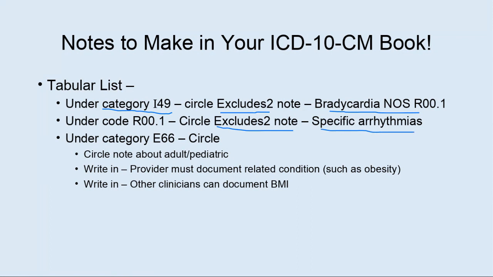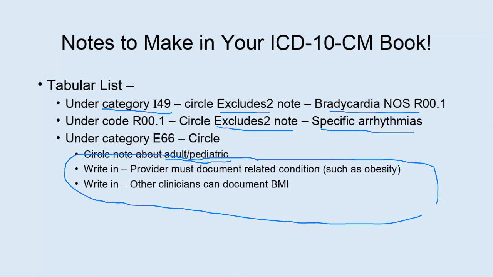That's how we knew for sure that we needed to do the bradycardia and the sick sinus. So under category E66, circle that note about adult pediatric and write in the information, since that was one of those guidelines that was not where you might expect it. Write in, provider must document related condition. Other clinicians can document BMI. In this case, it was a nurse that documented the BMI.